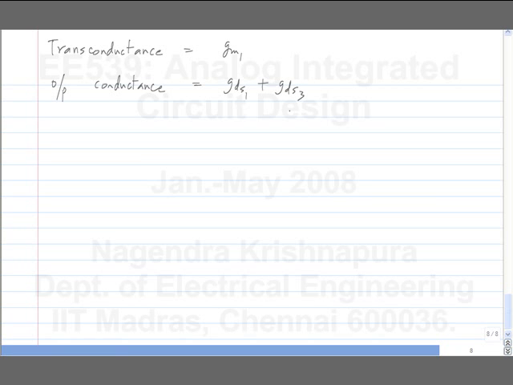So the open circuit voltage gain, which is the DC gain that you get if you operate the transconductance with a capacitive load, is GM1 by GDS1 plus GDS3.